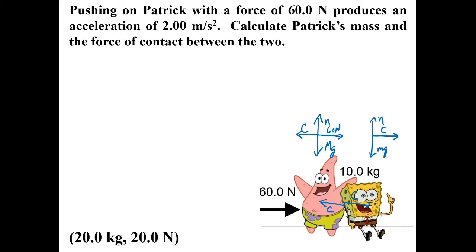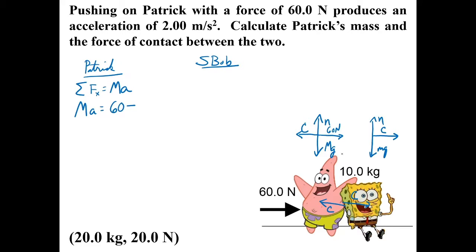Now we're going to be able to solve the equation. Let's set up Patrick here. Let's set up SpongeBob over here. And it says they're accelerating, in fact. So the sum of the forces, we only care about the x direction for right now, is ma. So ma is the 60 newtons. That's positive.